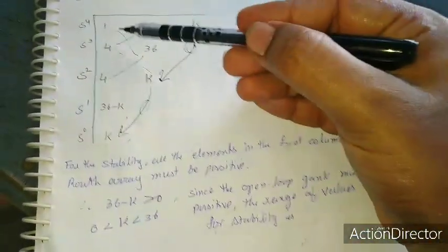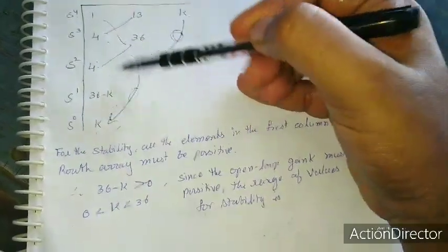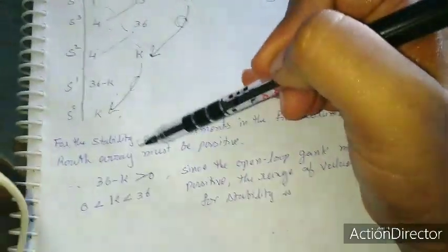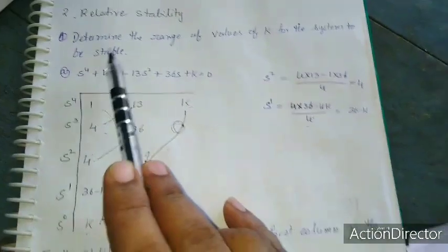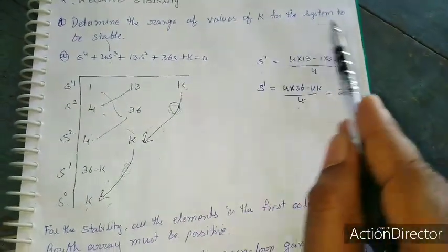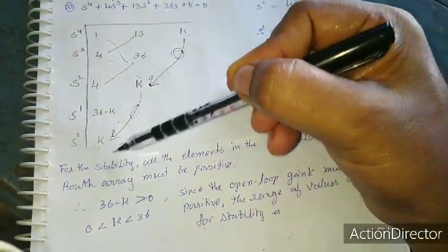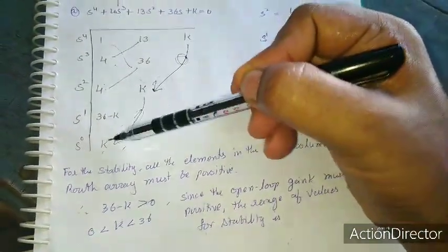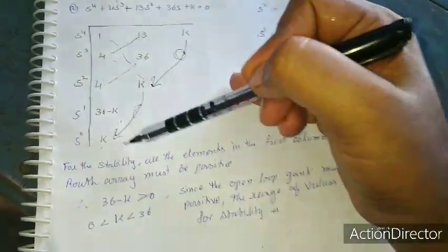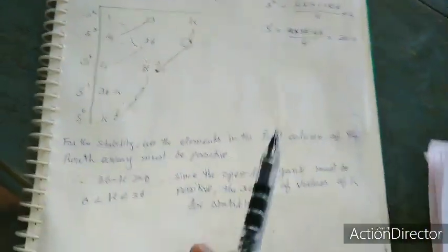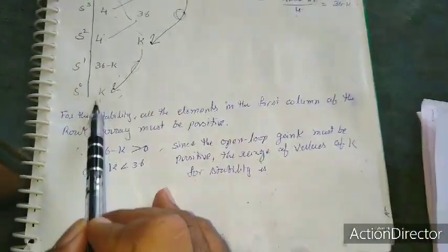So now all the elements of the first column should be positive for the system to be stable. They asked us to determine the range of value of k for the system to be stable. That means these elements in the first column of the Routh array are to be treated as positive. Here two conditions we have to check.